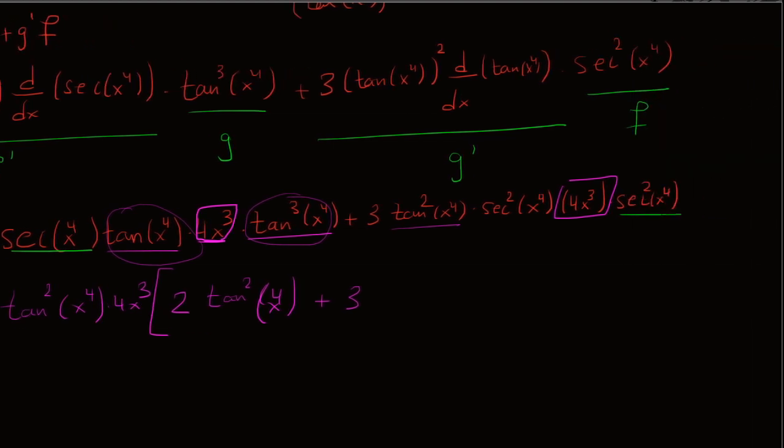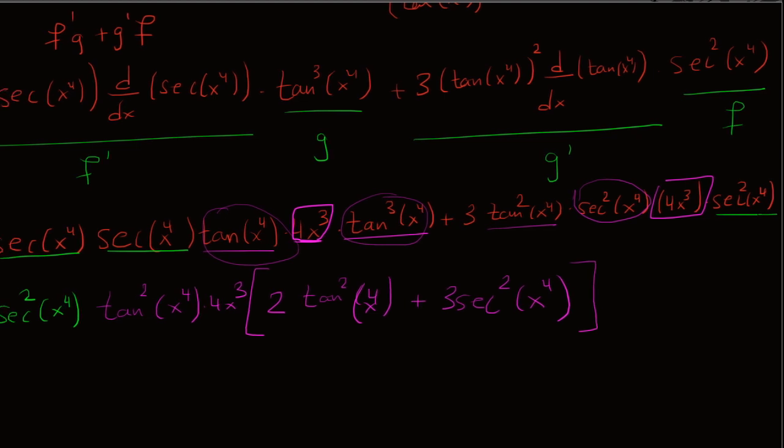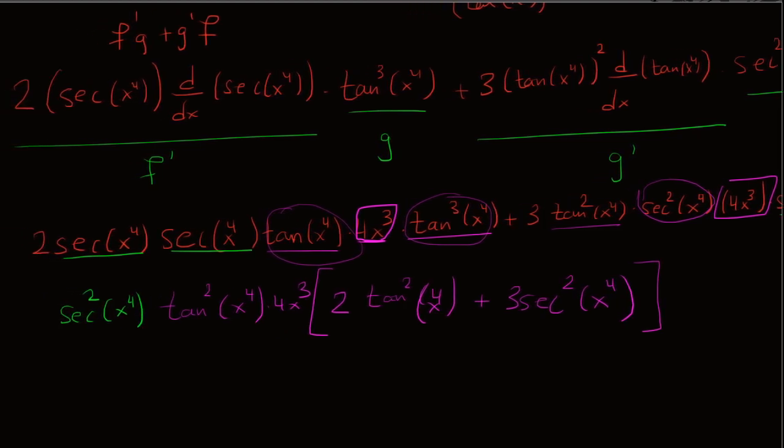I picked one of the secant squared, so I have another secant squared x to the 4th left by this thing. And that should be it, I believe. Yeah. And here there's really no need to simplify any further.